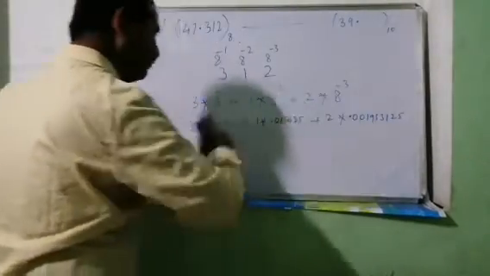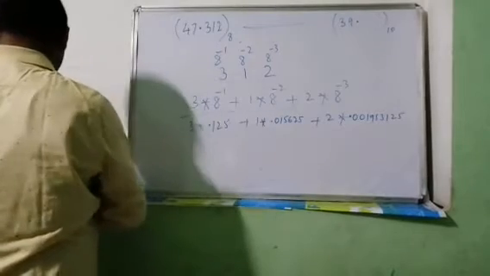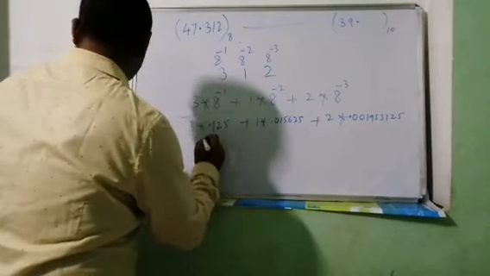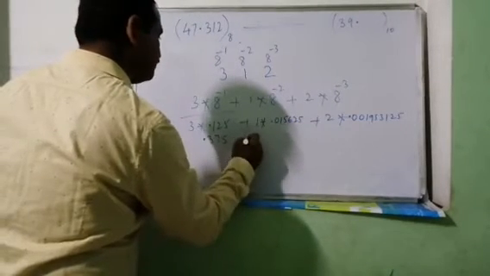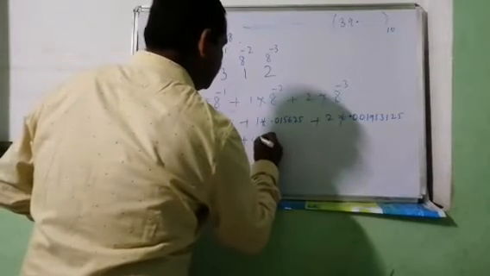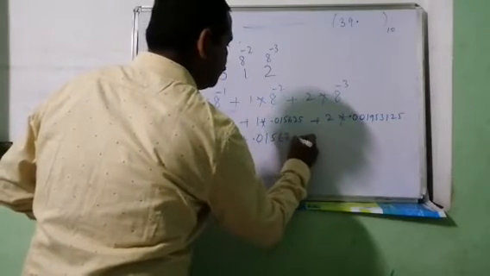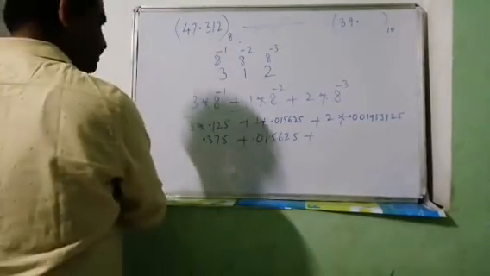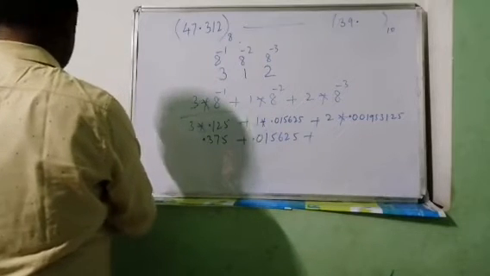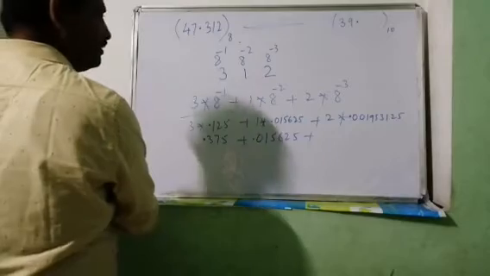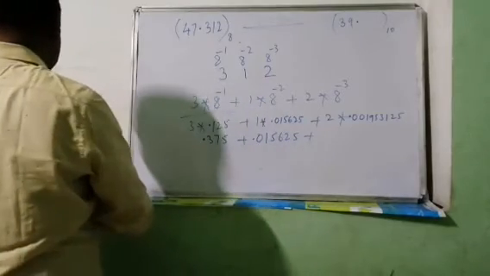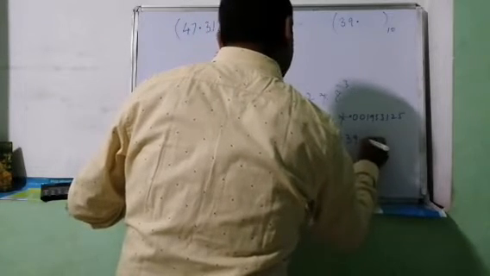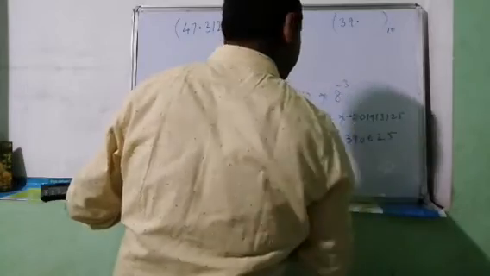Complex counting. Now we need to do all these things. 0.125 into 3, 0.375 plus 0.015625 plus 2 into 0.001953125, 0.00390625.